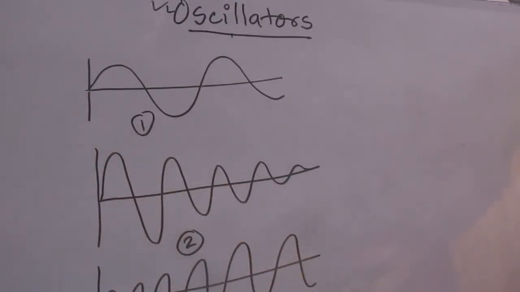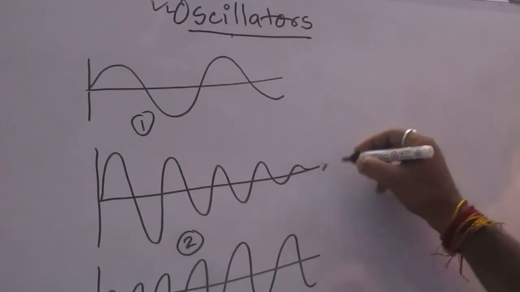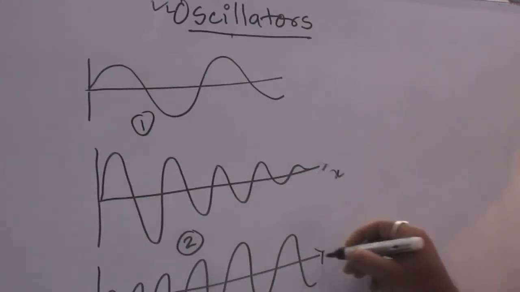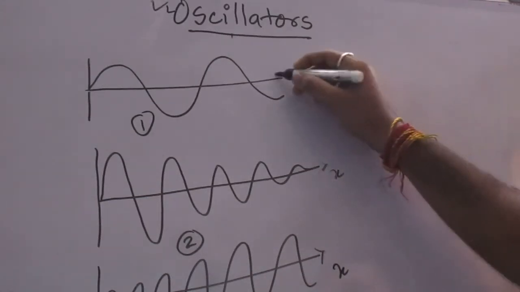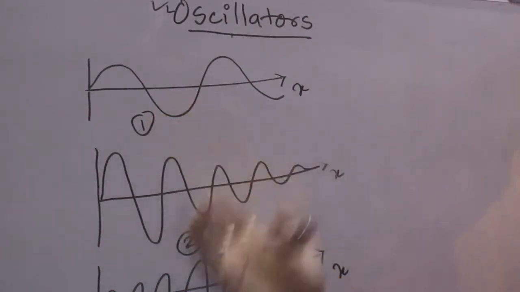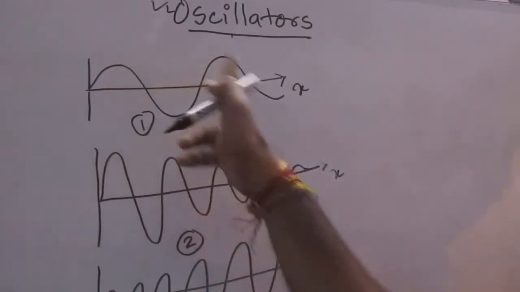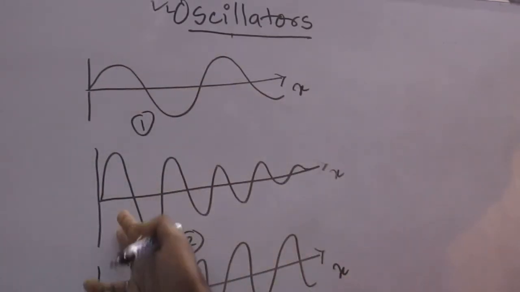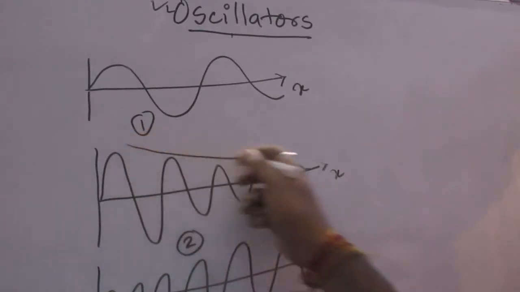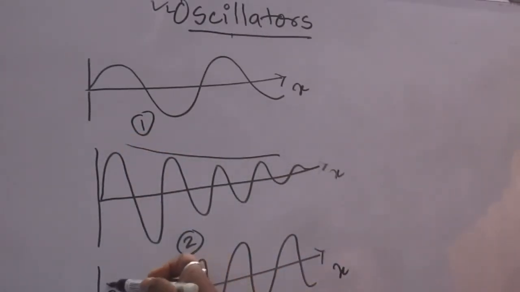If we plot the oscillatory motion of a particle along a particular direction, say the x-axis, then we have three cases. In the first case, the amplitude remains constant. In the second case, the amplitude gradually decreases, and in the third case, the last one, the amplitude increases rapidly.